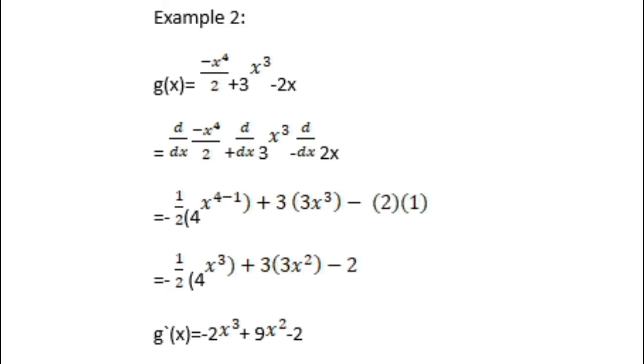For the next step, we multiply the negative 1/2 and the 4x cubed, plus 3 times 3x squared minus 2. And the final answer is g prime of x is equal to negative 2x cubed plus 9x squared minus 2.